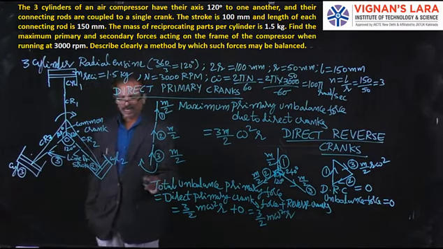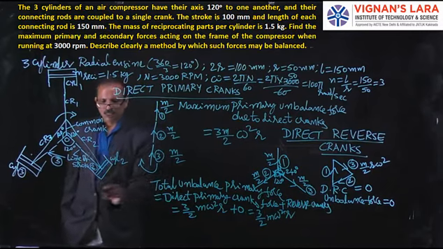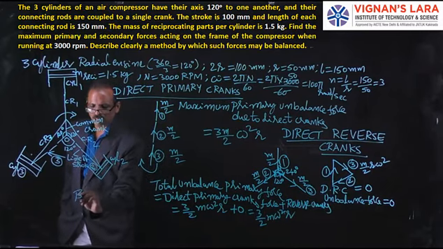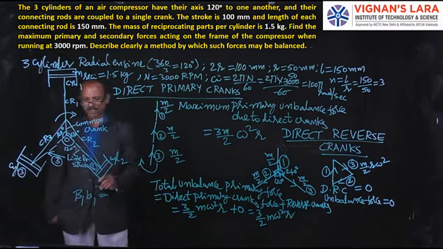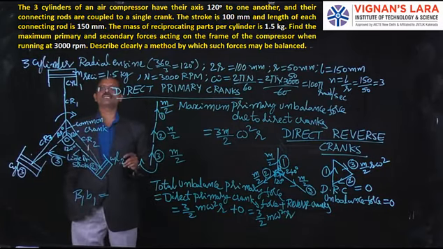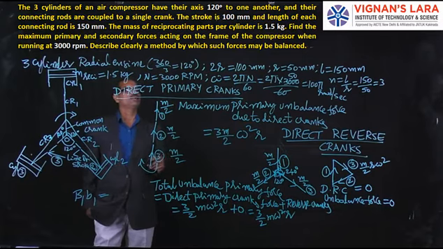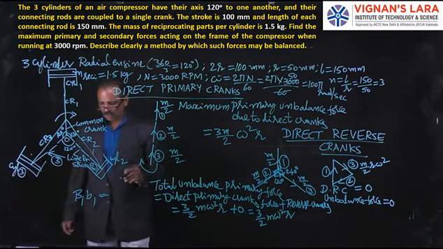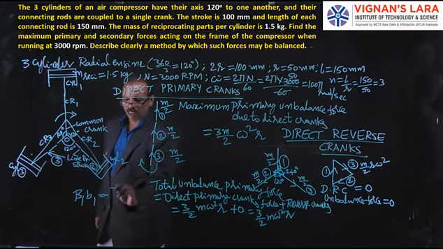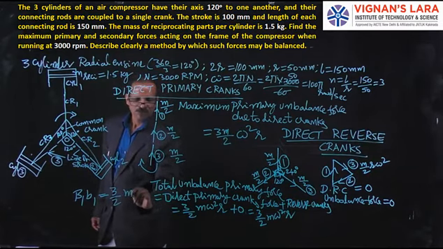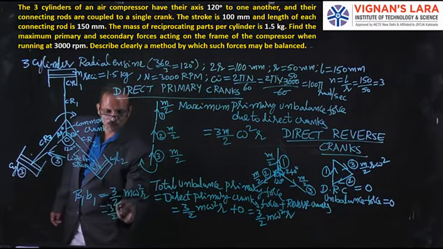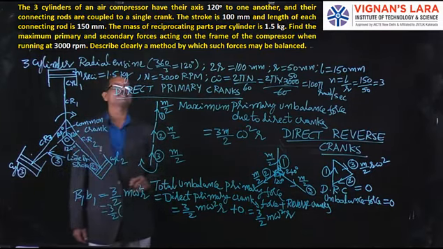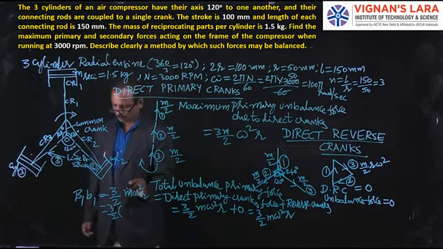So we can write this can be equated to B1 into b1. So B1 into b1, that is B1 mass is added at a location of b1. We get B1 is equal to 3 by 2 m omega square r, and we know 3 by 2 m is, what is the mass? Reciprocating 1.5.